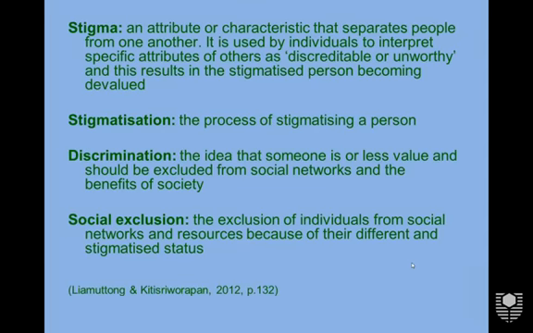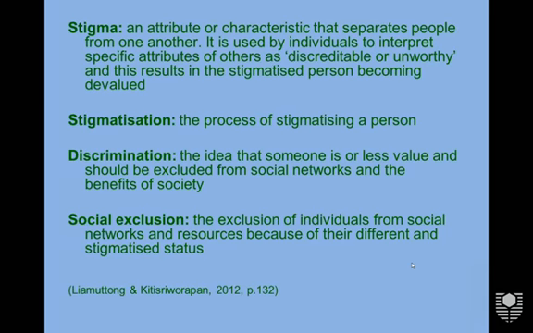Once we've labeled someone as the other, as a deviant, as being too different, then a set of behaviors follow from that judgment. And one of them is stigma. Stigma is an attribute or characteristic that separates people from one another. It is used by individuals to interpret specific attributes of others as discreditable or unworthy, and this results in the stigmatized person becoming devalued.